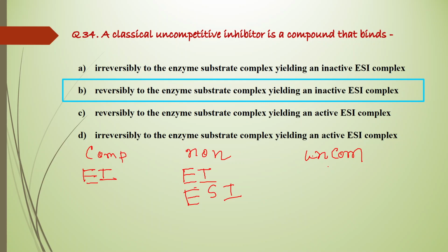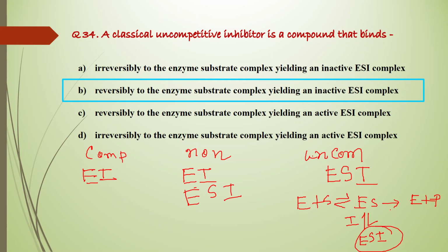That means it only binds to the ES complex, forming a ternary complex ESI, which is inactive. So if we write down the mechanism for the reaction for uncompetitive, it looks something like this. This is the normal one. The uncompetitive inhibitor will only and only interact with the enzyme substrate complex by forming ESI, which is an inactive species and does not lead to any kind of product formation.